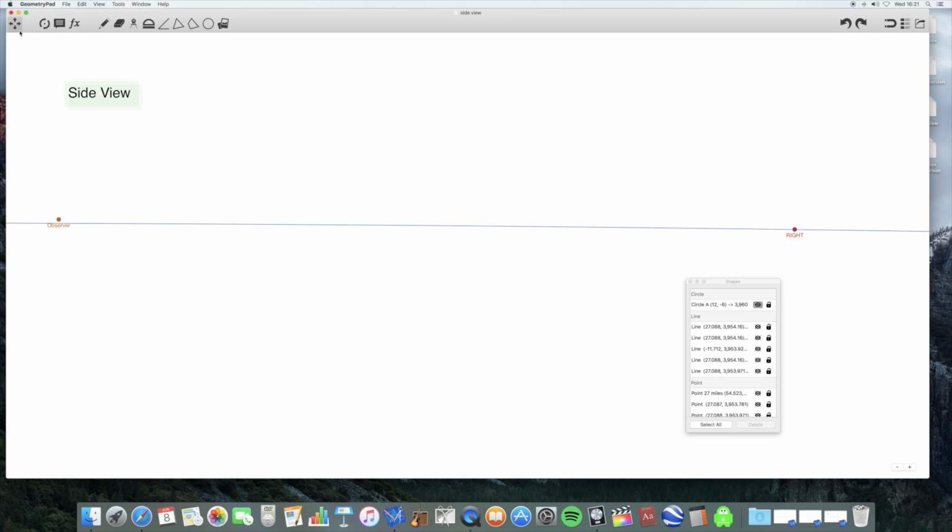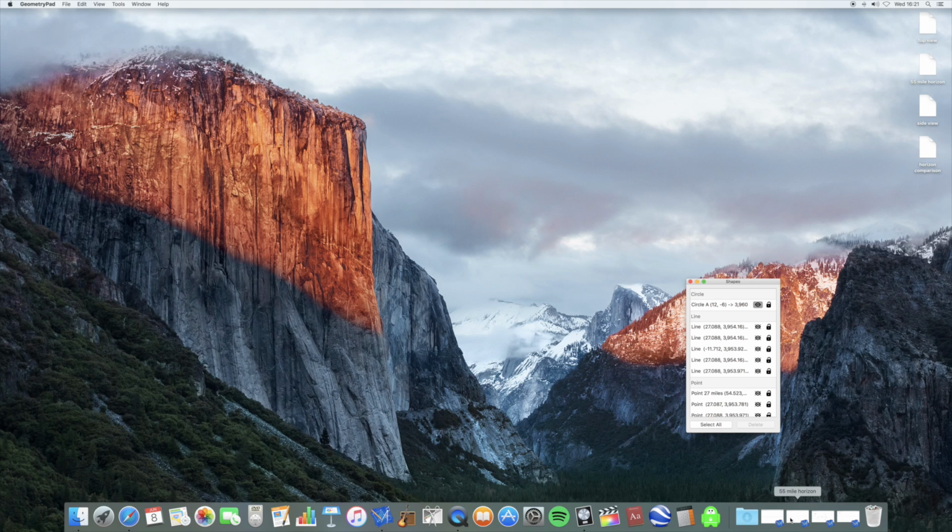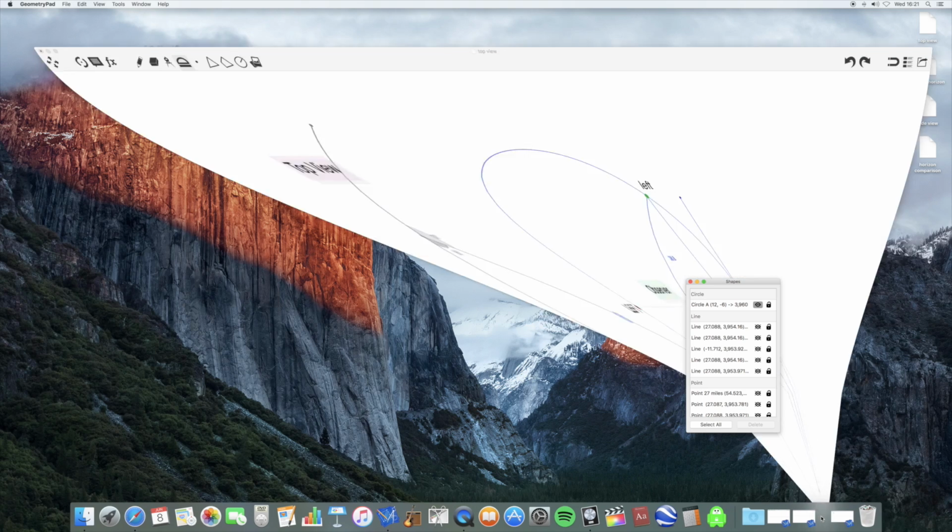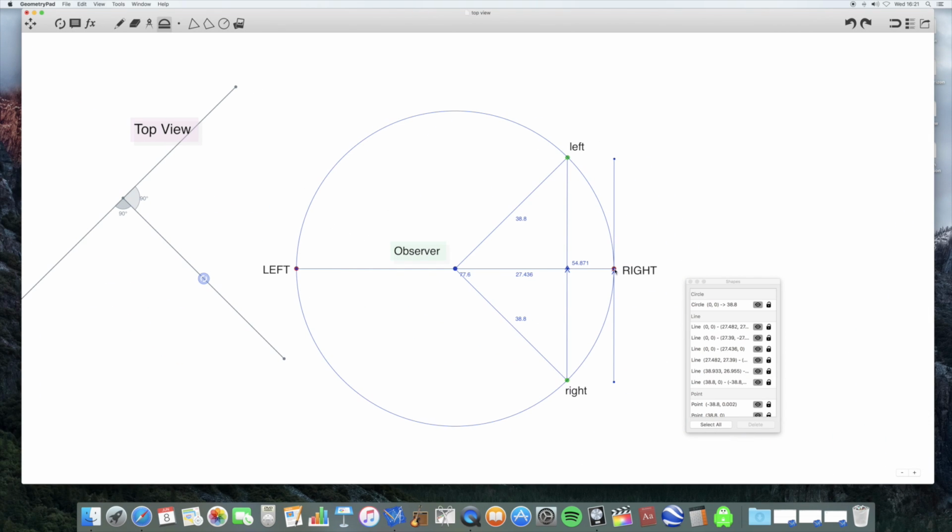Now, just to finish, what I'll do is give you a sense of what the horizon looks like and how far it is below the horizontal. So again, remember what they're doing. They're taking a photograph of the horizon and they're using an angle of view from side to side of 90 degrees.